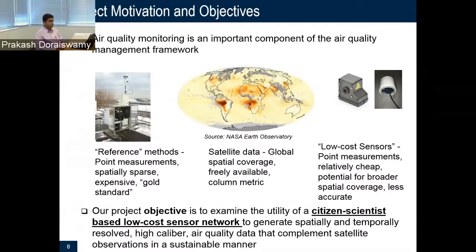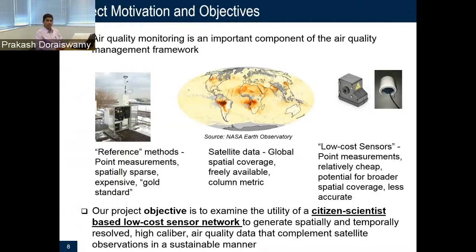But these are considered the gold standard because they have been evaluated and they've been shown to provide accurate, reproducible data. In the middle, we have satellite data, which offers global spatial coverage that is freely available.